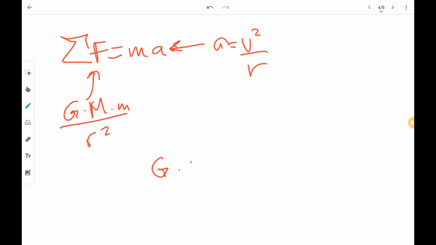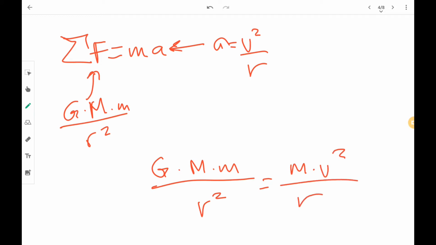So G times M over r squared is equal to m times v squared over r. If we solve for v, we'll get v squared is equal to GM over r.